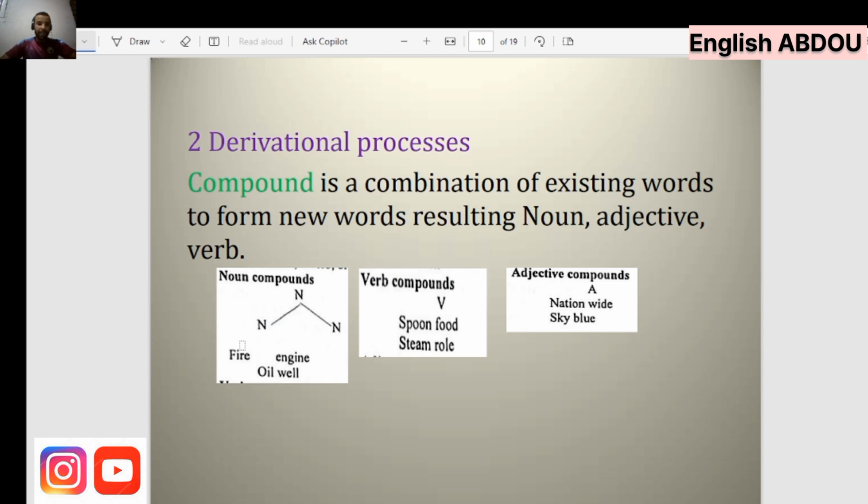And fire itself means something else, and engine means something else. And oil well and spawn, also they are nouns. And also verb compounds, like spoon-feed, steamroll. And adjective compounds like nationwide. So here they are adjectives, here they are verbs, and here they are nouns.